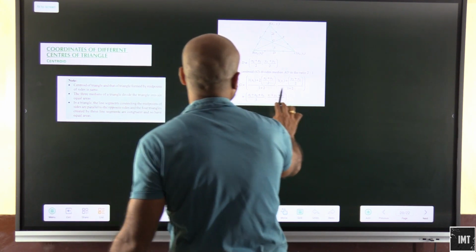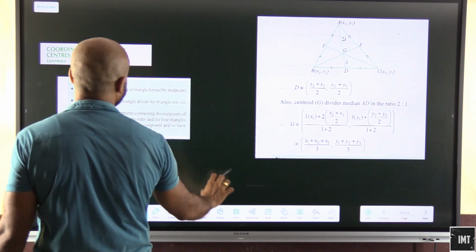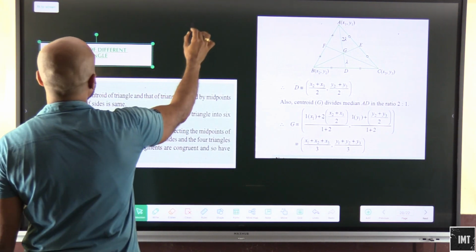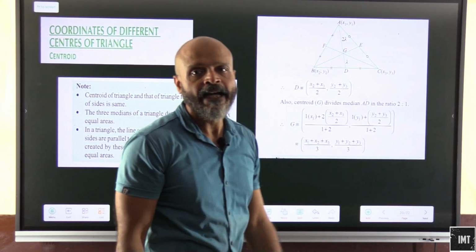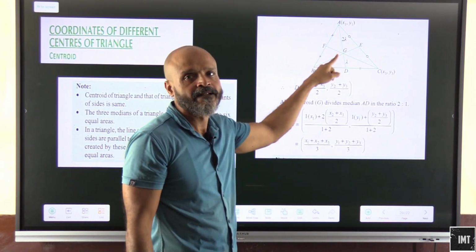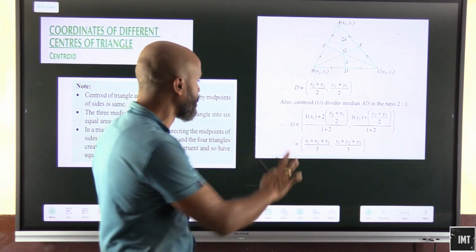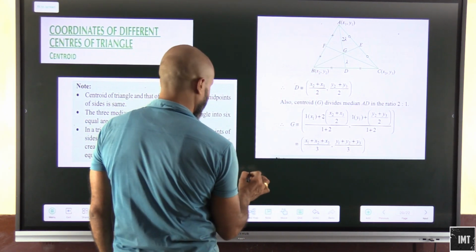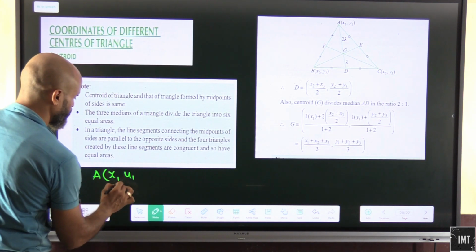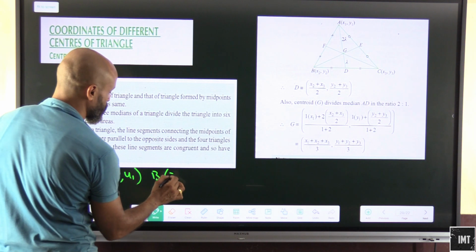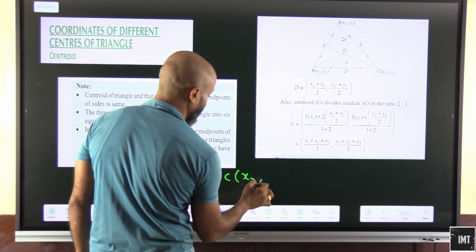Now what we are trying to find out is basically the coordinates of the centroid. What is basically the centroid? Centroid is the intersection point of medians, and we know that the centroid divides the median in the ratio of 2:1. So if we work out the entire formula, let's say A is x1 y1, B is x2 y2, and C is x3 y3.